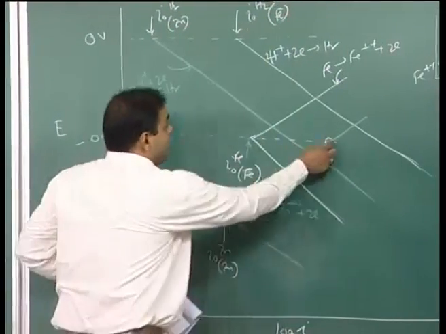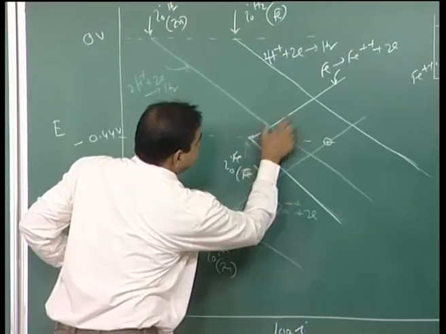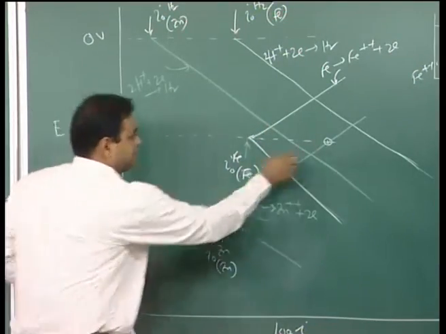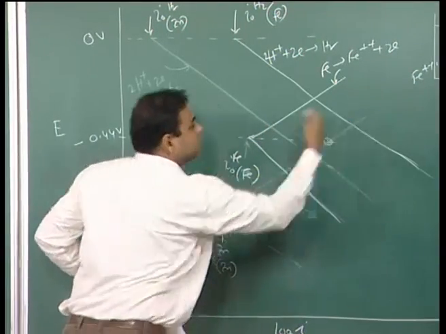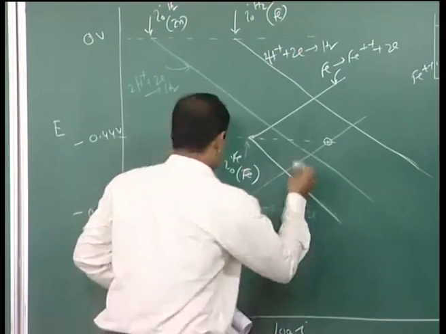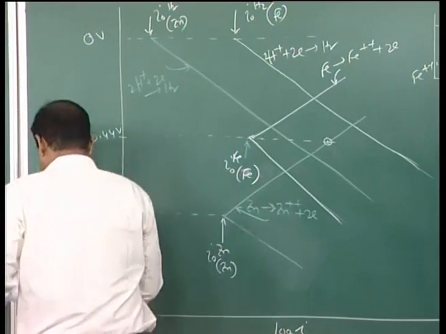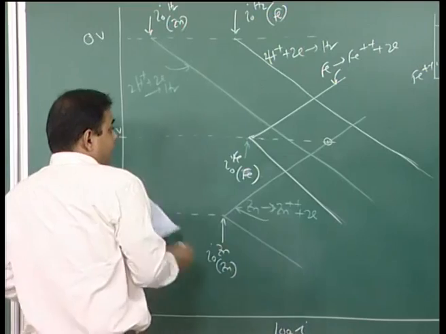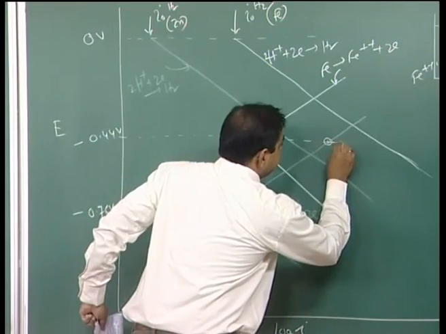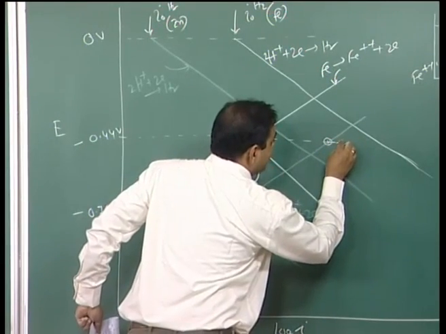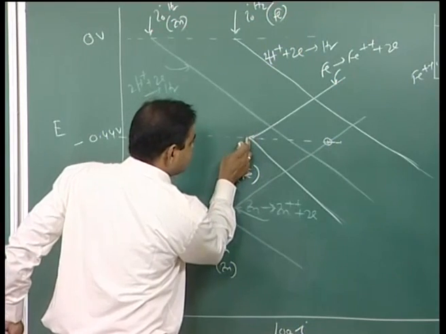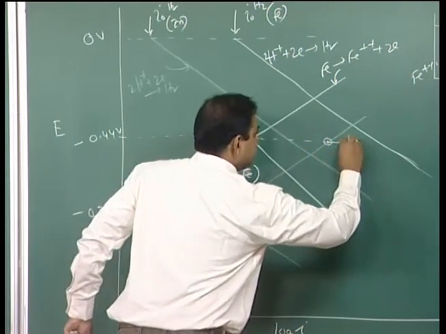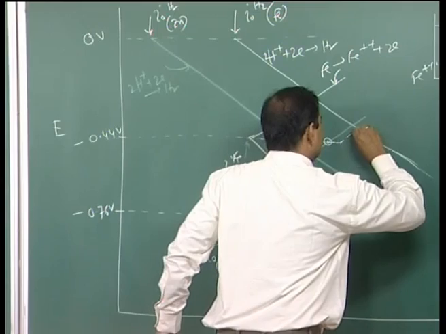So, we have to add these two reactions at this point, because from this point onward you have two reactions. In that case I will have to construct one more line, I have to add this current to this, and then accordingly I will move along this line.